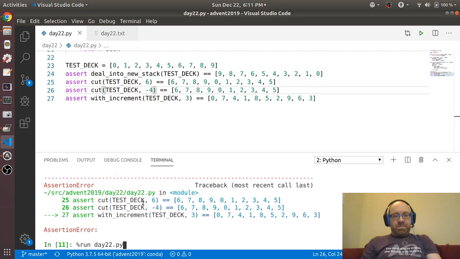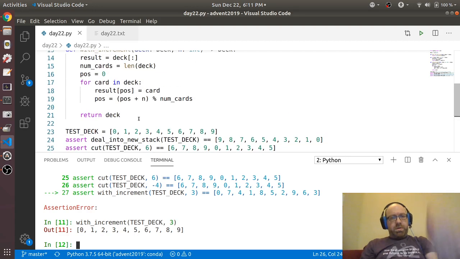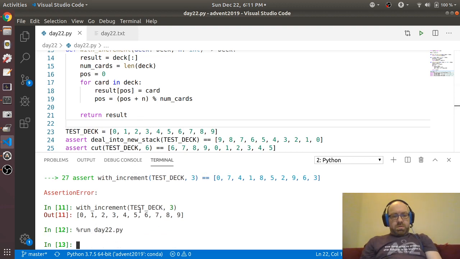And finally, with increment test deck, comma 3. Okay, well that one is extremely wrong, and that's because I need to return the results. And okay, good.